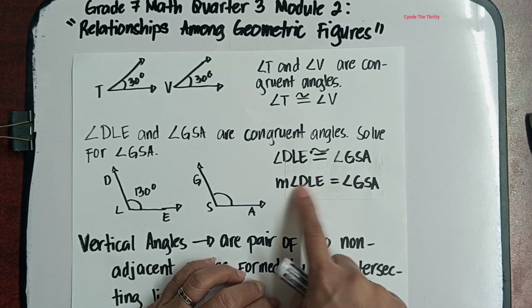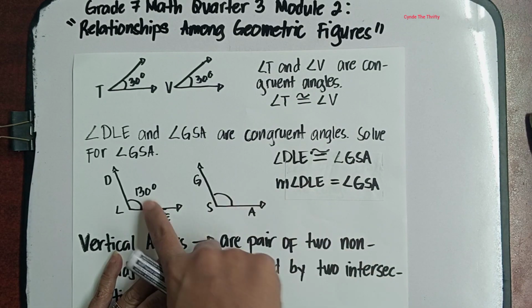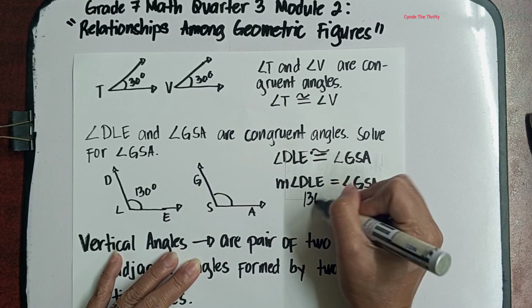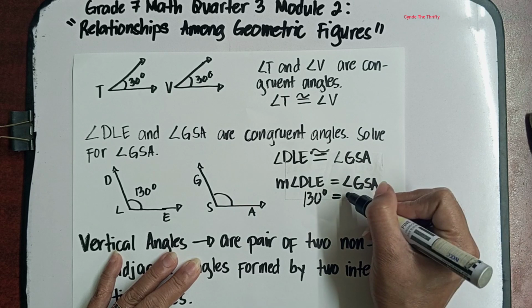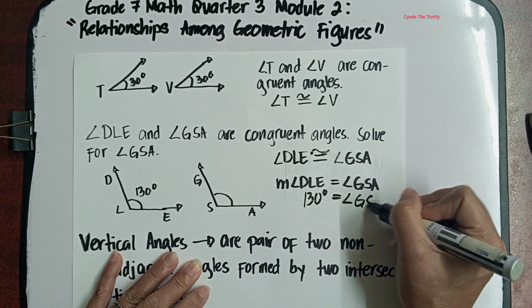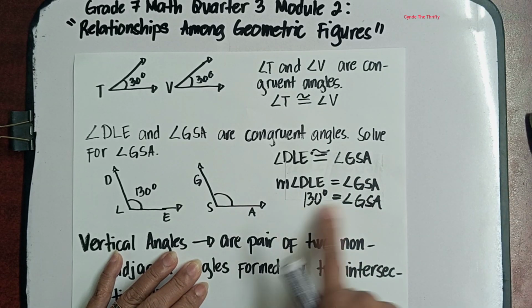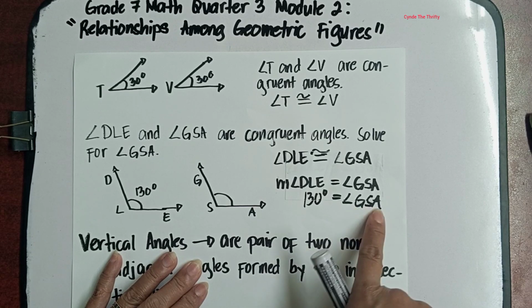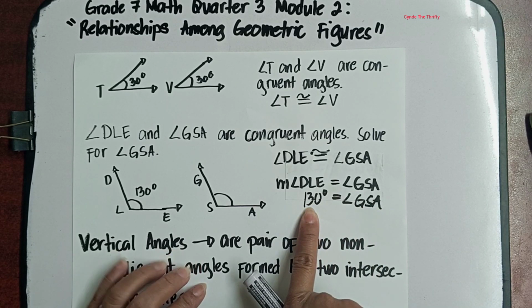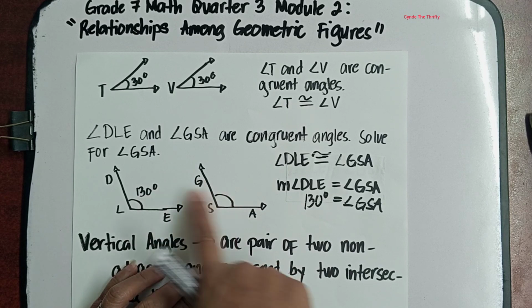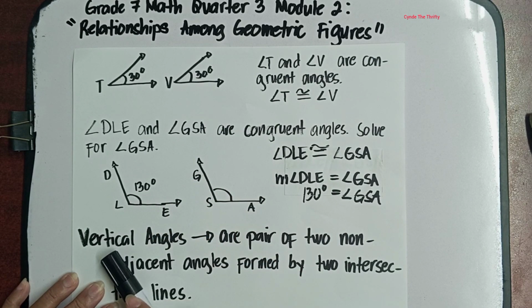So, ano yung measure ni angle DLE? 130 degree. Okay? So, is equal to angle GSA. So, ibig sabihin, ang sukat ni angle GSA is 130 degree kasi same lang sila. Let's go with vertical angles.